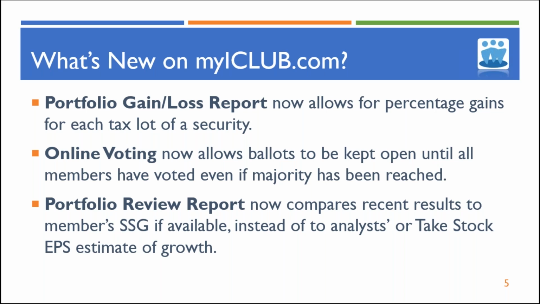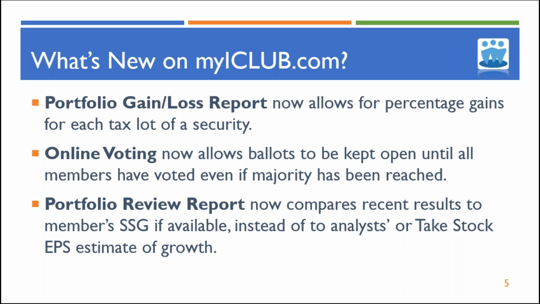We made an adjustment to the online voting that allows the ballots to be kept open until all members have voted, even if a majority has been reached. When we implemented the voting tool and allowed clubs to create ballots and have members vote on them electronically and tabulate the results, we included a feature that allowed the ballots to be closed as soon as a majority was reached.